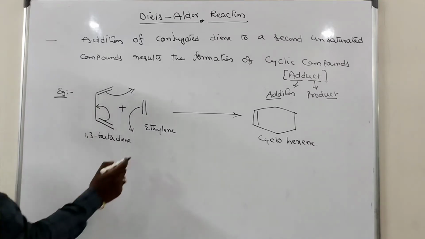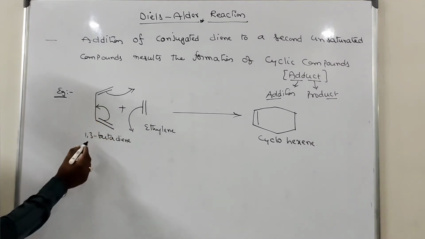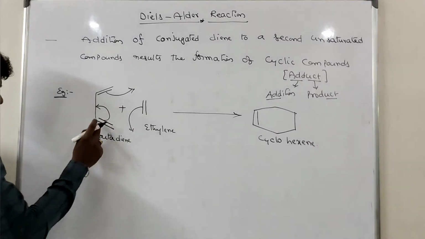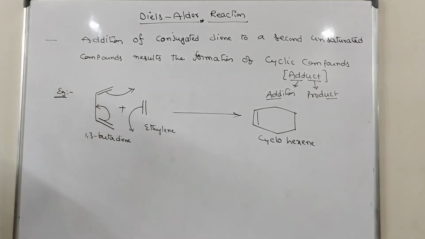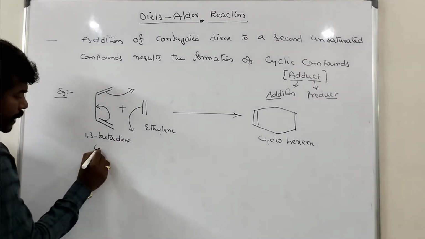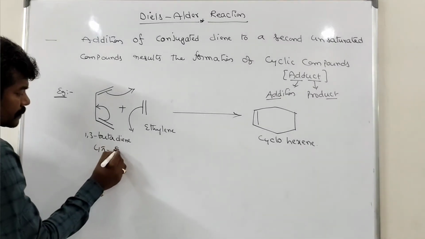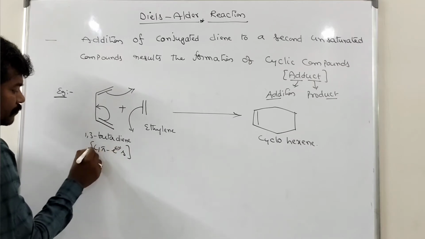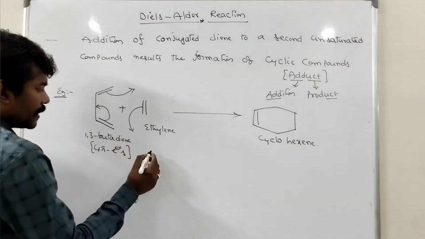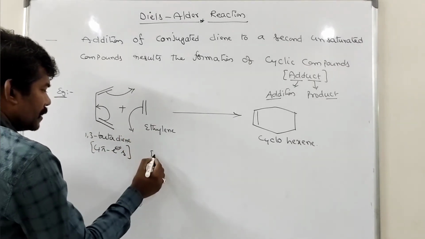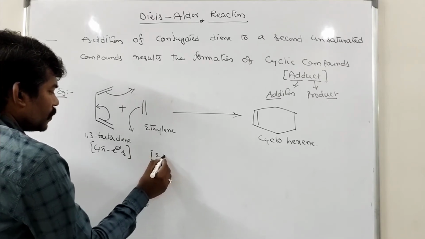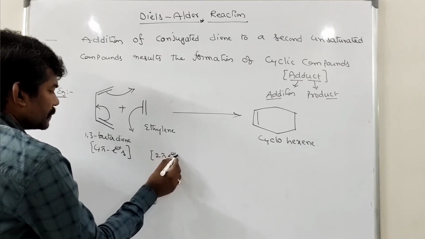So in the diene, how many pi bonds are there? 2 pi bonds, or 4 pi electrons. In ethylene, 2 pi electrons are there.